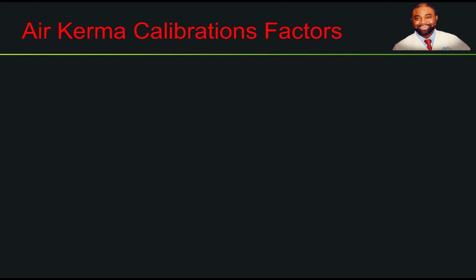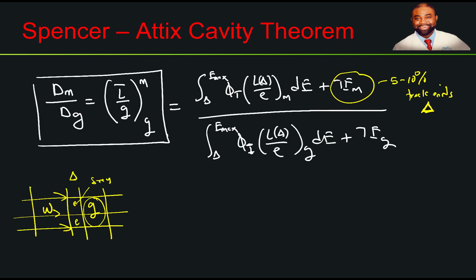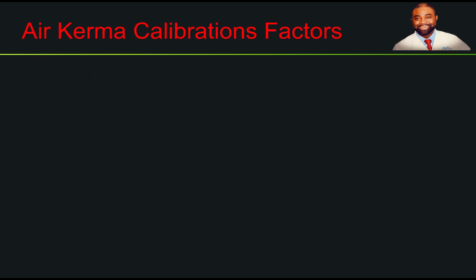So far, we have talked about the Bragg-Gray cavity theorem and the Spencer-Attix theorem. So we are going to relate these two fundamental theorems to TG21. Keep in mind that the Bragg-Gray cavity theorem essentially states that the ratio of the doses is the ratio of the average unrestricted mass collision stopping powers if the charged particle fluence is unperturbed.